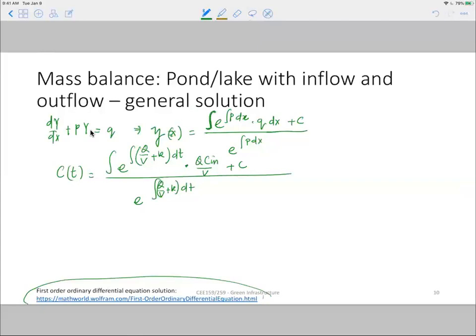If you solve e to the power Q over V plus k dt, this is a constant, so it will come outside: e to the power Q over V plus k times t.